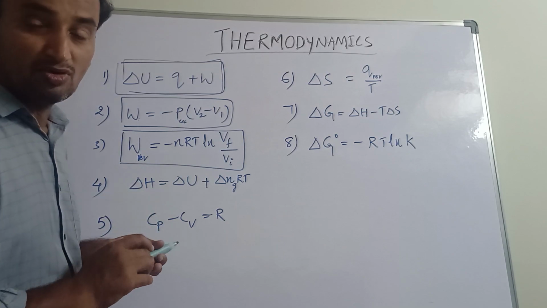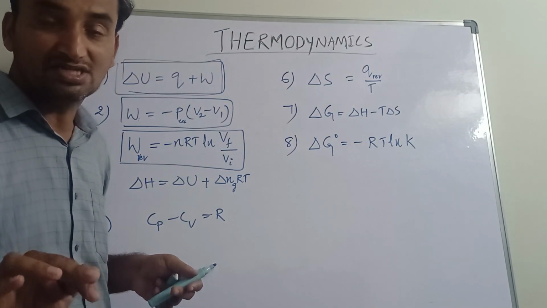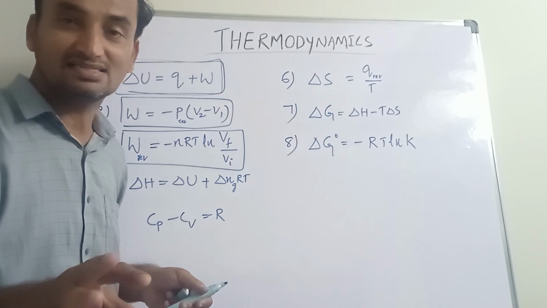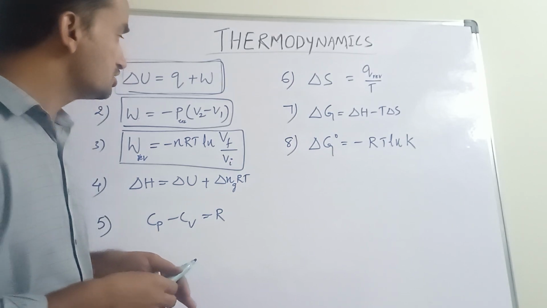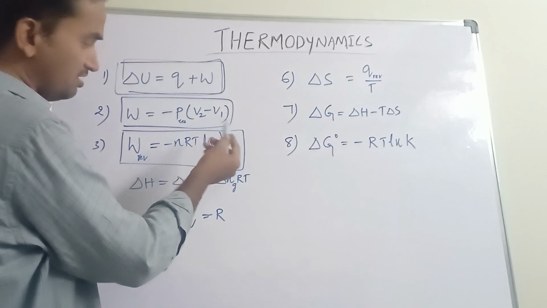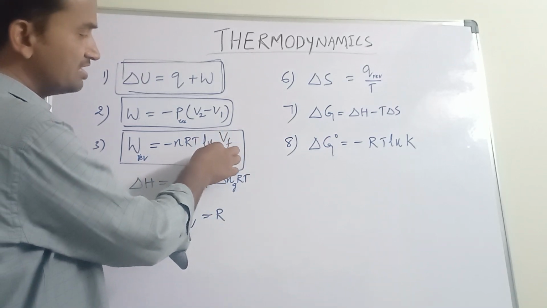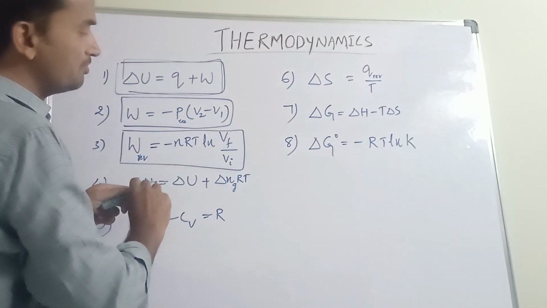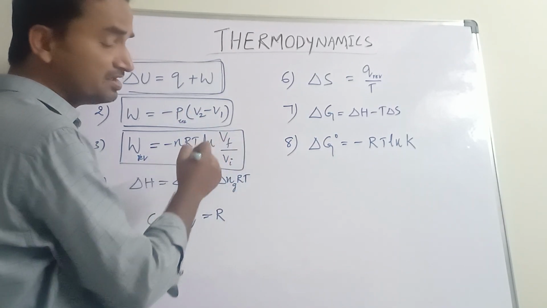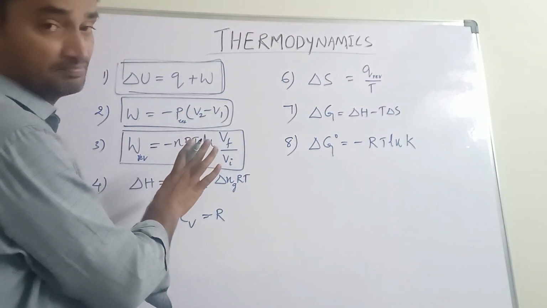Since it is an isothermal process, temperature is constant. At constant temperature, volume and pressure are inversely proportional. So instead of V final by V initial, we can write, if using pressure terms, P initial divided by P final. The remaining part is the same.